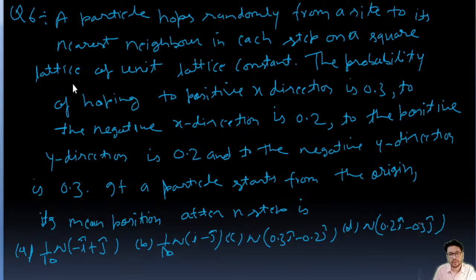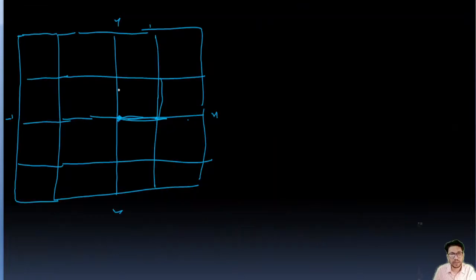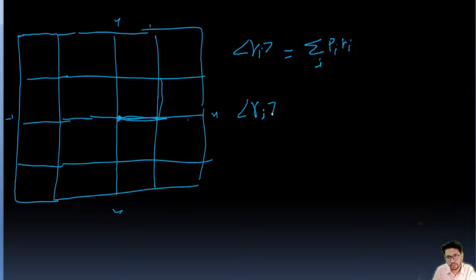The mean position after n steps is given by a formula: mean position R equals sigma Pi Ri. Ri is the position. For one step we will find out first.